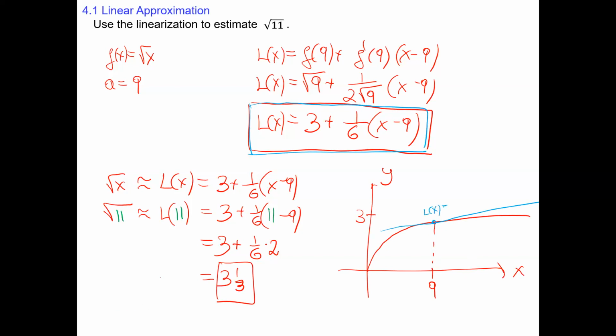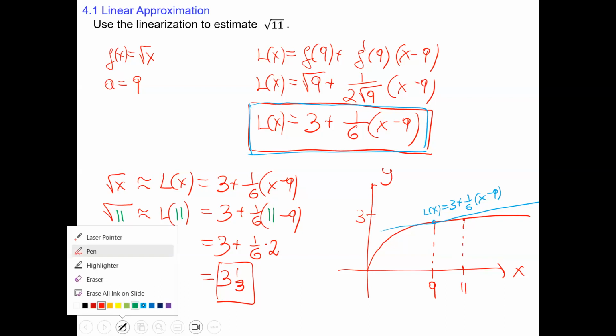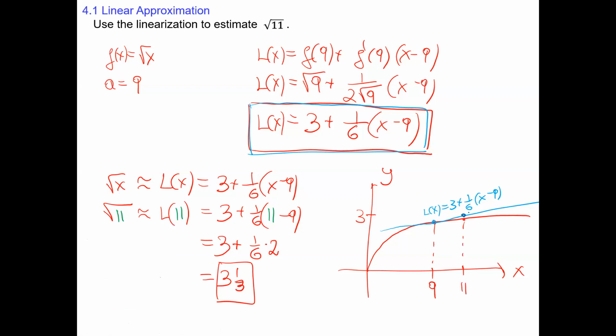Yes, the linearization 3 plus 1/6 times x minus 9. And we approximated 11 not by taking this, but by taking that blue value. It's a little bit above, because the tangent line is above. We overestimated a little bit.